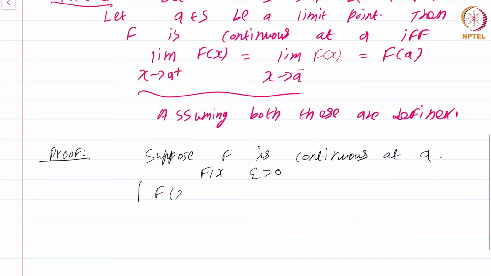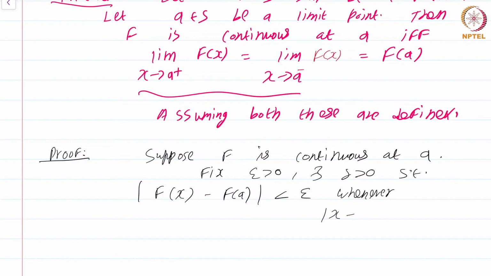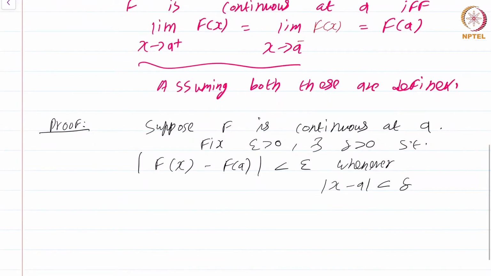Then there exists delta greater than 0 such that mod f of x minus f of a is less than epsilon whenever mod x minus a is less than delta, and x is in S.